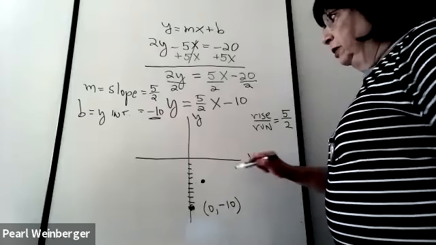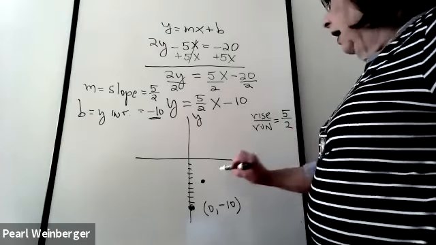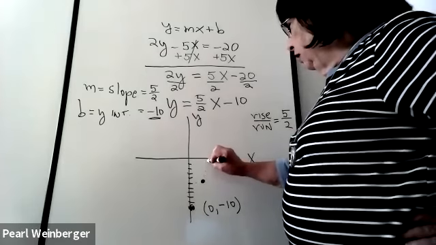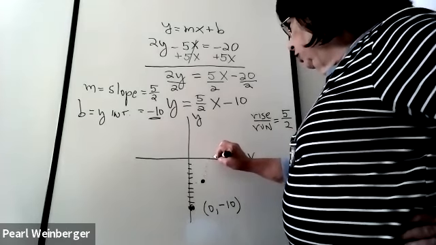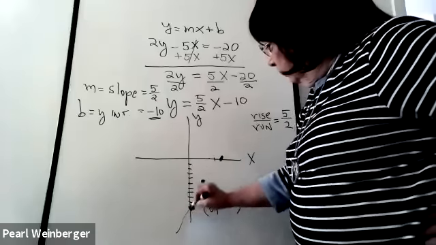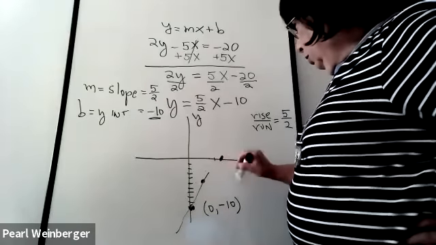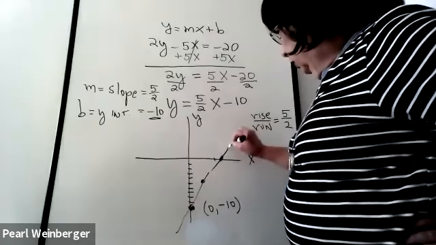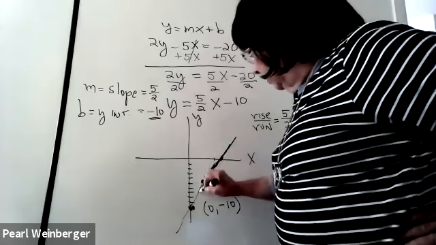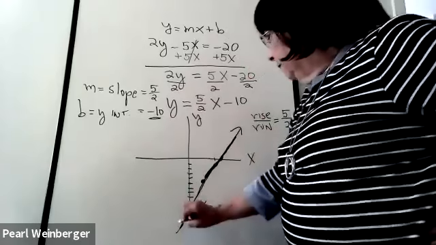I can then start from this new point and do this again. I can again rise 5. 1, 2, 3, 4, 5. Run 2. 1, 2. And if you notice these lines, since this is not a piece of graph paper, it doesn't come out exactly as a straight line, but this is your line.